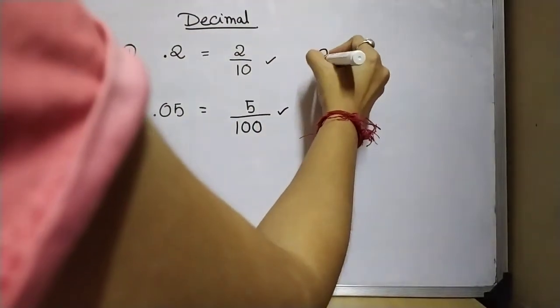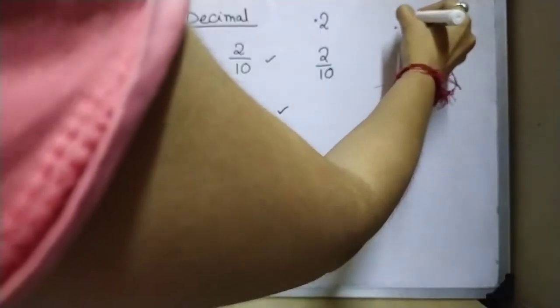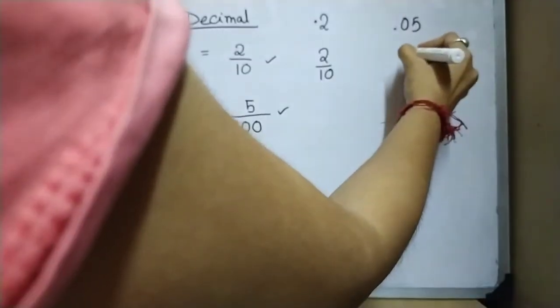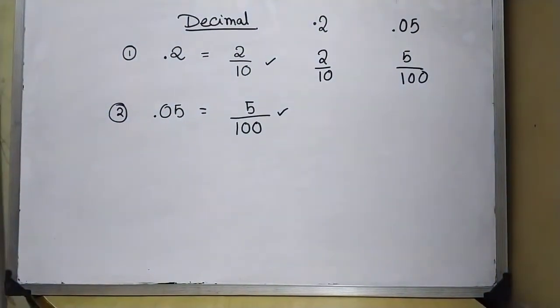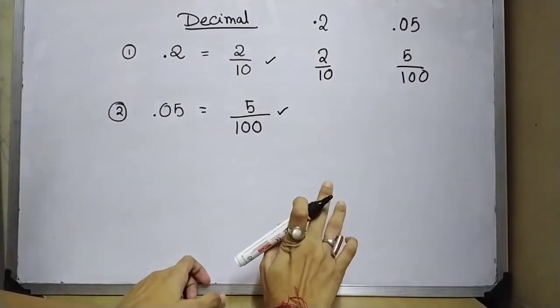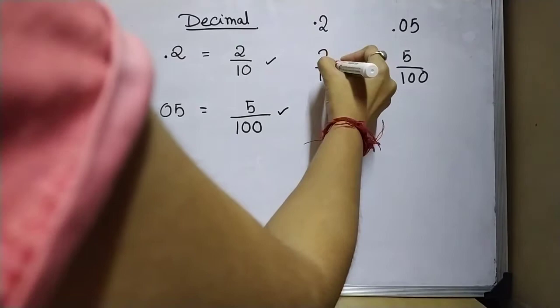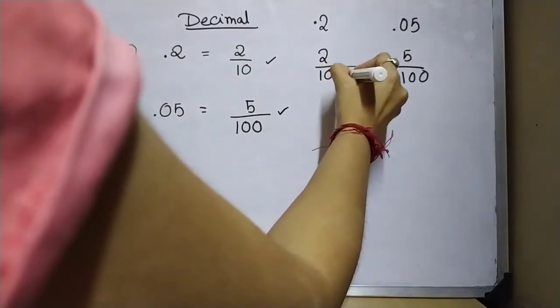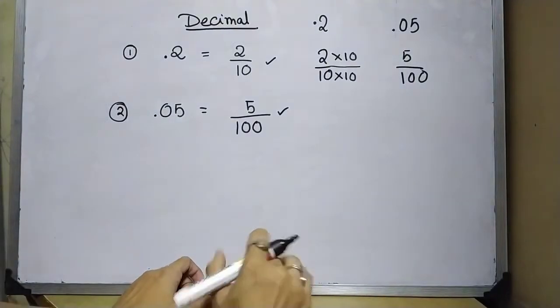So 0.2 is 2 by 10 and 0.05 is 5 by 100. We can compare two fractions only if the denominator is the same. Here we have 10 and 100, so it is not the same. So we multiply by 10 in the numerator and the denominator.